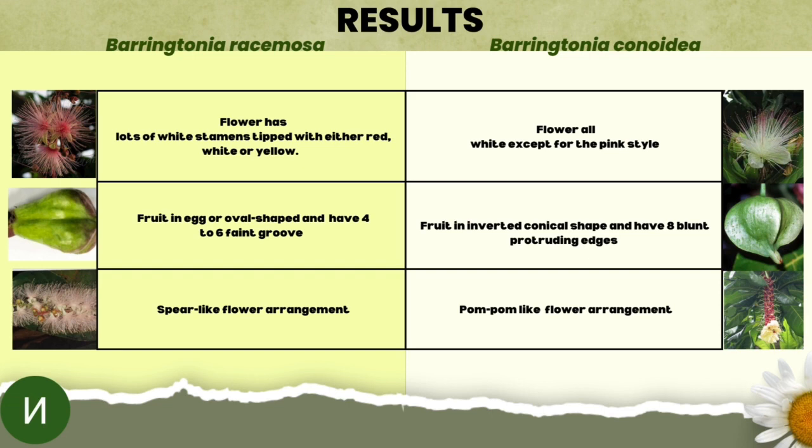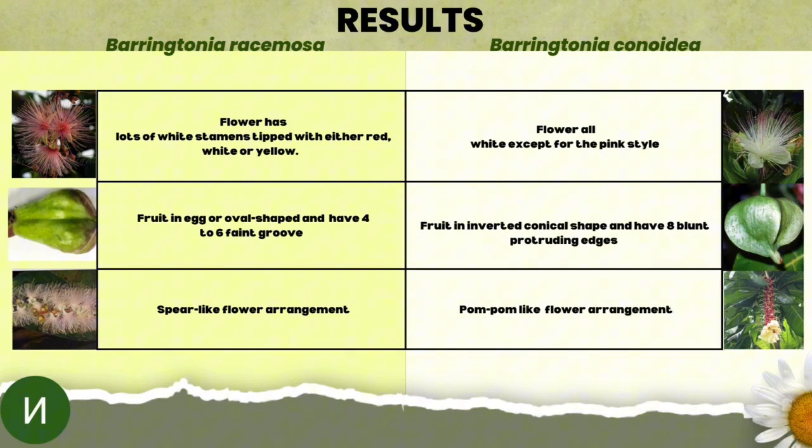And for the Barringtonia cornelia, which is the species that we compared to our sample, the flower is all white except for the pink style. And for the fruit, Barringtonia racemosa has an oval shape and has 4 to 6 fin growths.